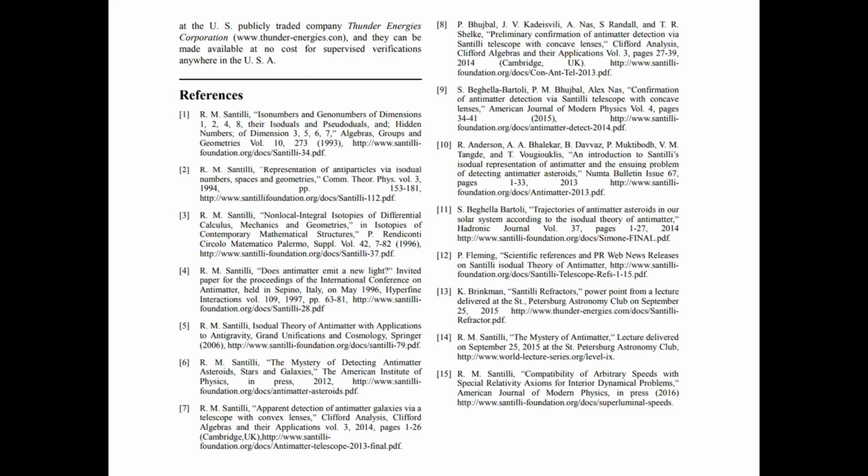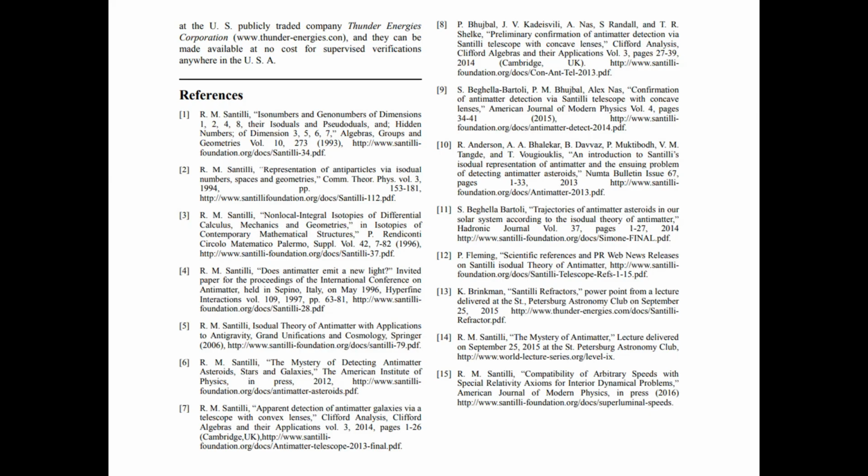So this is the reference he's given, and Santilli has written quite a lot of stuff here. He seems to have got other people involved in looking at the Santilli telescope, but he hasn't really got much traction with that. He's come up with this idea of antimatter, which is different to how the mainstream deals with matter. So you've got Santilli antimatter, and that's a different thing to mainstream antimatter.